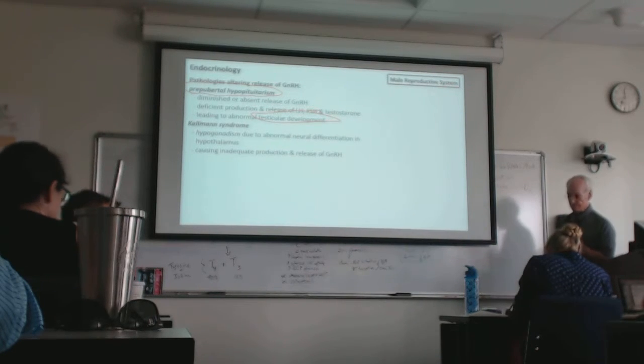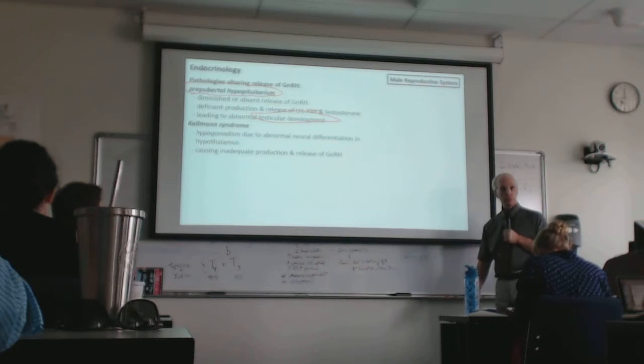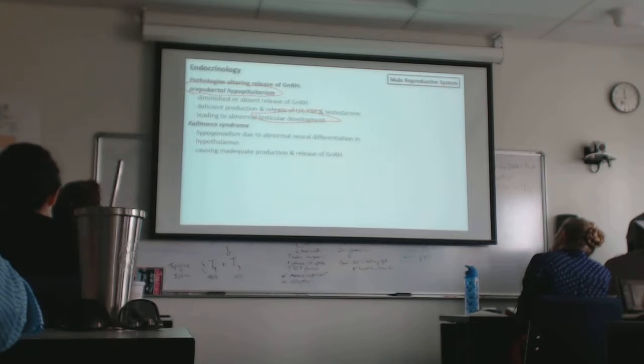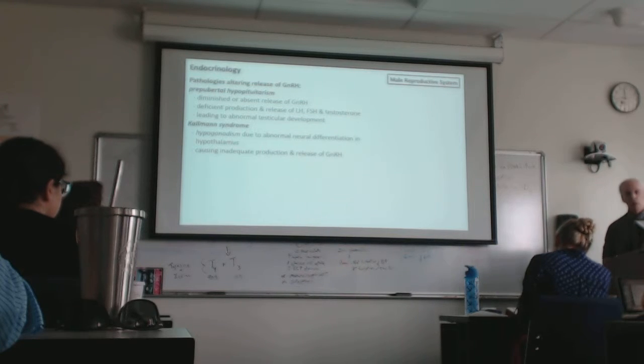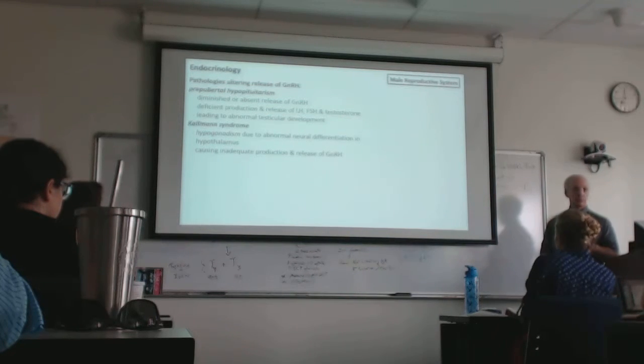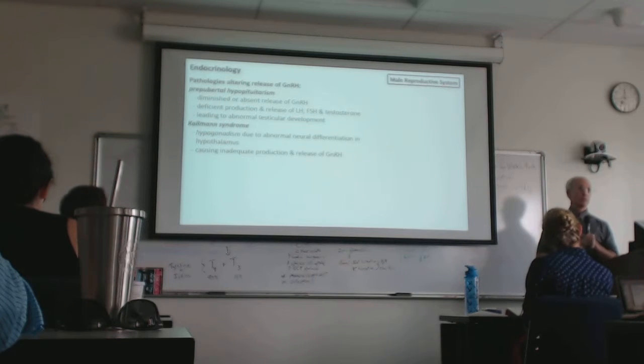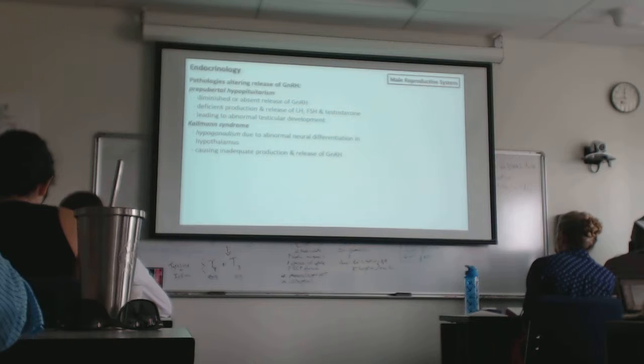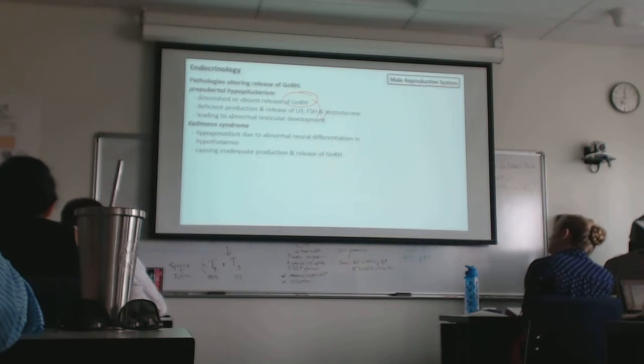Isn't GnRH from the hypothalamus? Yep, that's what we said. Kallmann syndrome is hypothalamic. But it says the hypopituitarism causes diminished or absent release of GnRH. How would that be? The short loop feedback. Remember the short loop feedback? So if you had impaired feedback, you could have elevated levels, but they wouldn't do any good. It wouldn't result in production of LH or FSH.